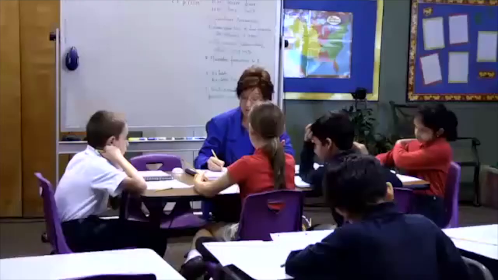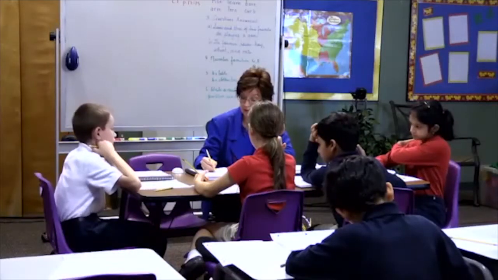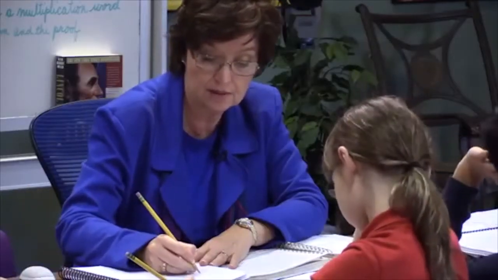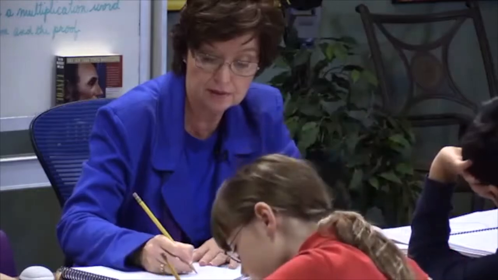So am I looking for the number of piles? What does 6 tell me? The number of piles. 6 tells me the number of piles I have, but I don't know how much is in each one, do I? No. So 6 is the number of piles.